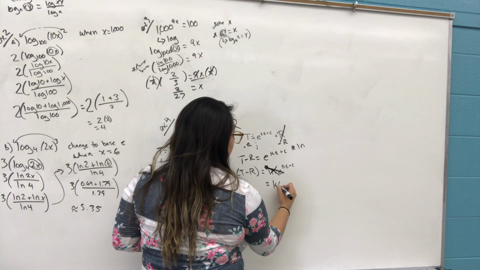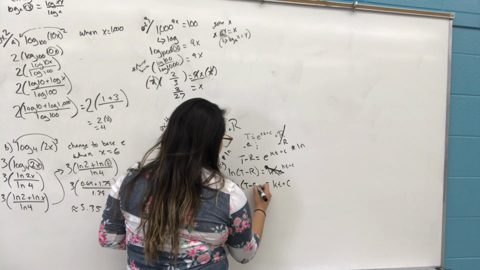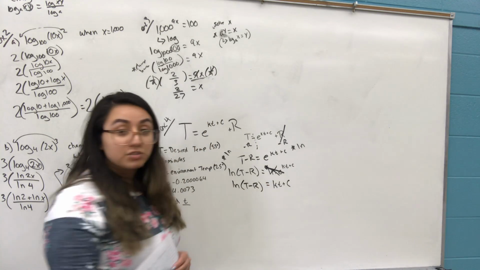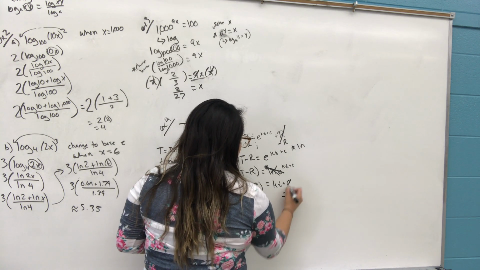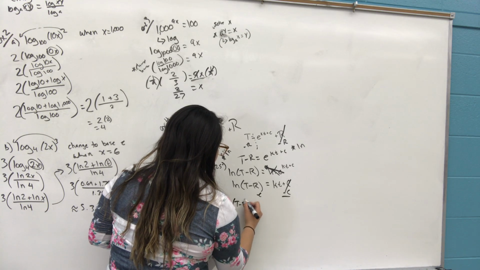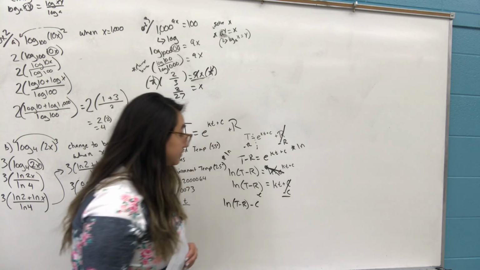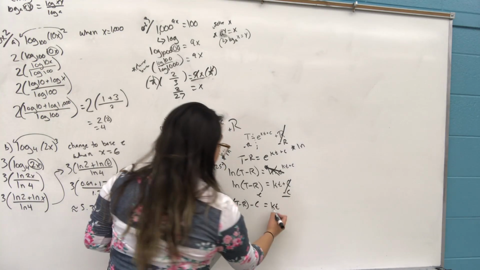So kt plus c is equal to the natural log of T minus R. We're trying to get the t by itself, right? I'm going to go ahead and subtract c from both sides. So then I have the natural log of T minus R minus c is equal to k times t. I want the t by itself, so divide by k.